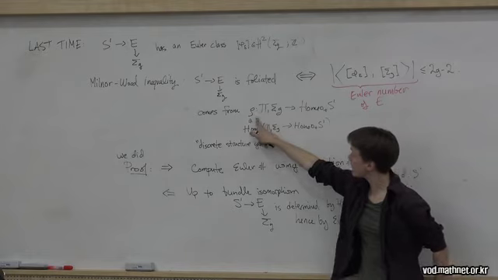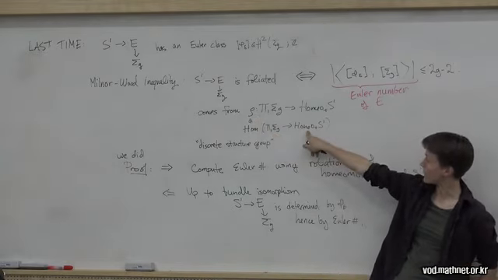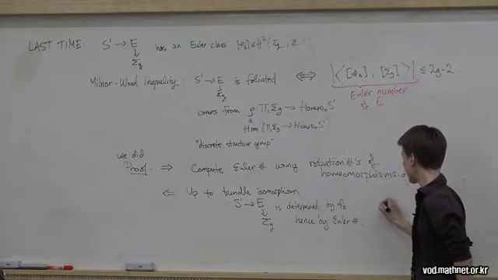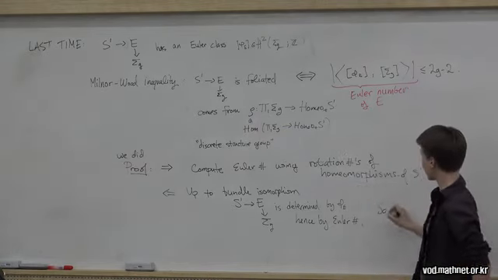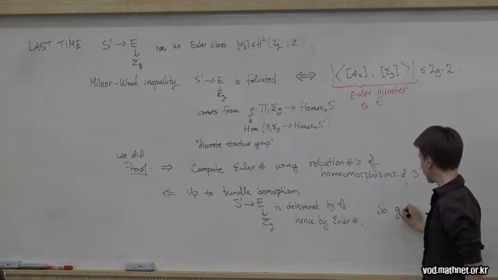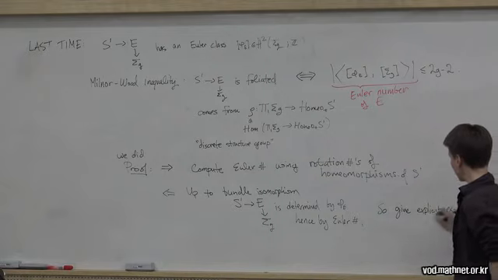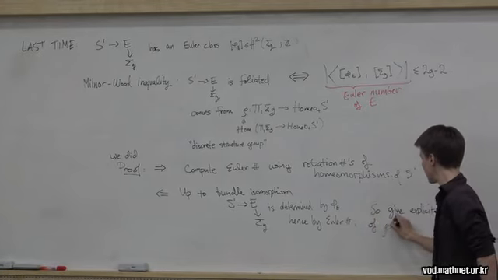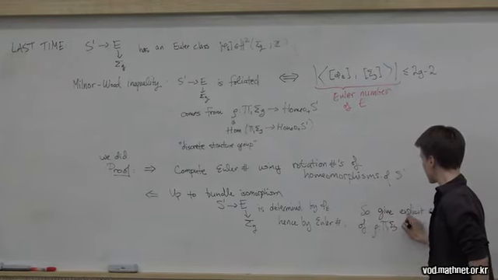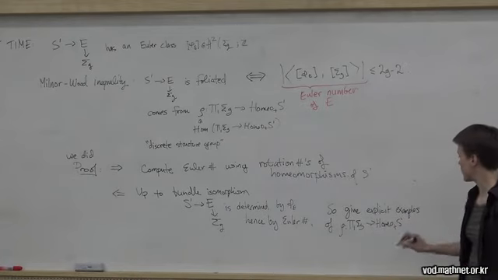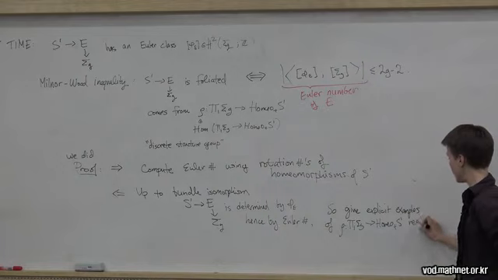A particular representation of the surface group to Homeo of the circle that realizes that number. Okay. So to prove this direction, you can just give explicit examples of homomorphisms that realize each possible value.